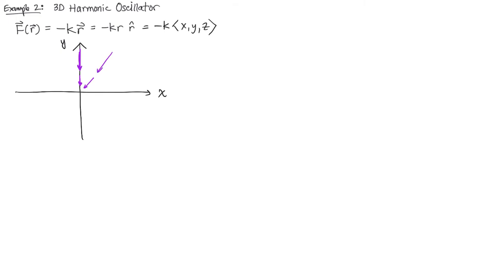So you end up with a force field that kind of looks like this. It points radially inward everywhere you are, and the length of the associated force grows as you move away from the origin. Like so.